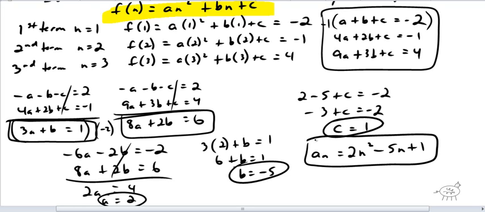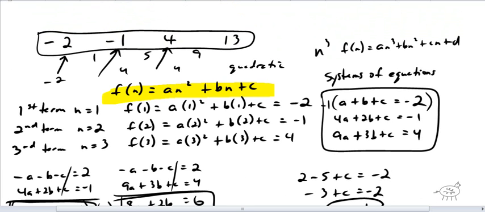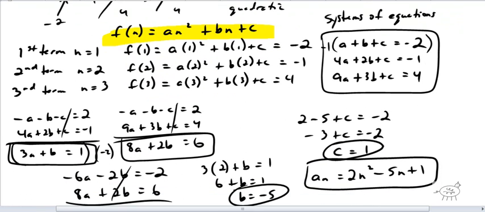And if you look back at the original problem that I started out with, I just came up with this equation based on our sequence of numbers.